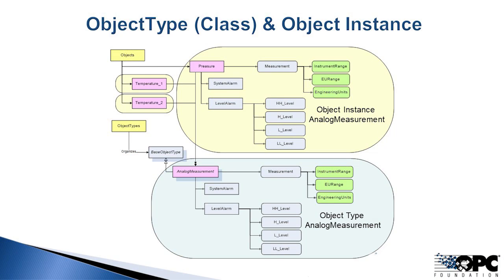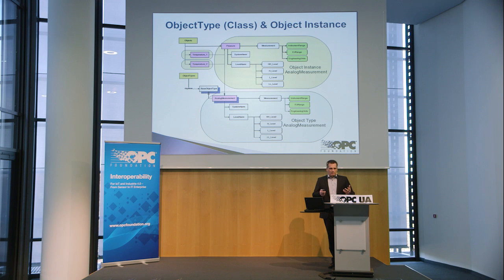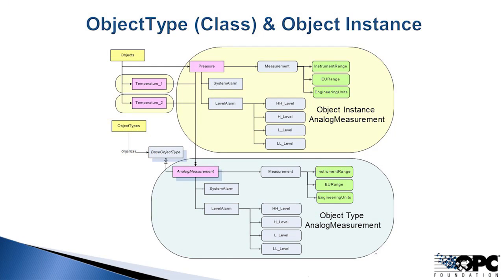Now, having this analog measurement type in the server describing what the type looks like, we now have, of course, more measurements inside our device. And as you can see here, there's one object instance. In the end, there are already three: temperature 1, temperature 2, and pressure. And to show you what the pressure measurement looks like, it looks exactly the same as the type.